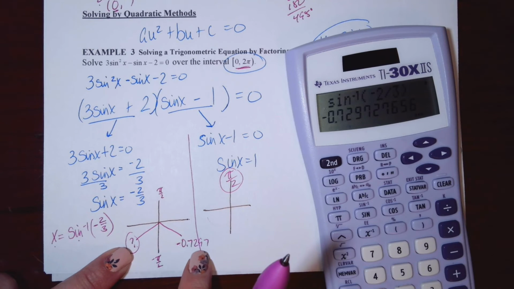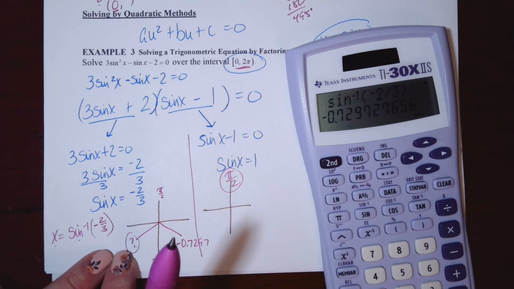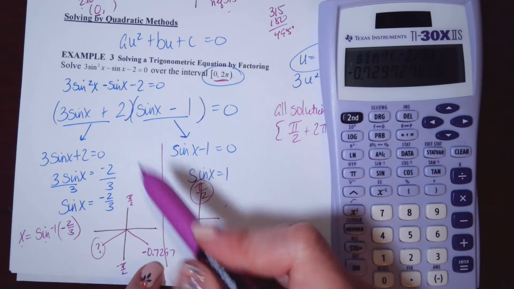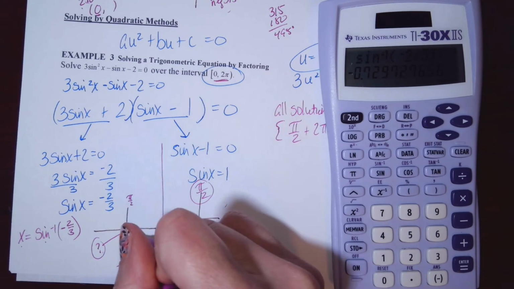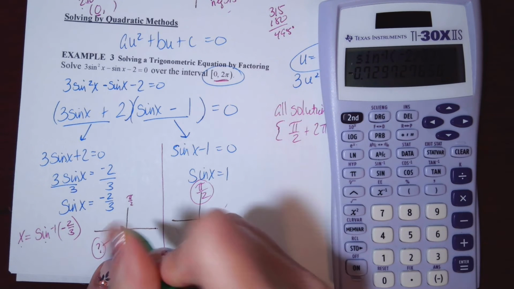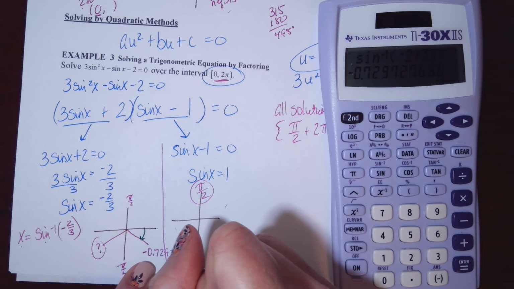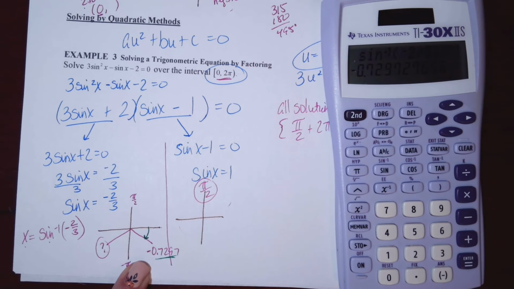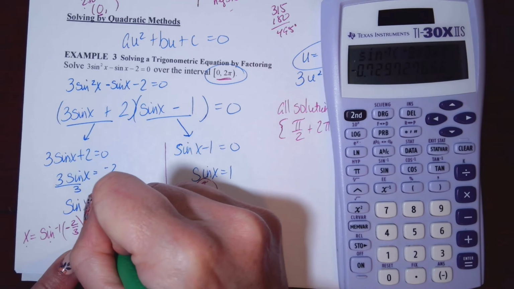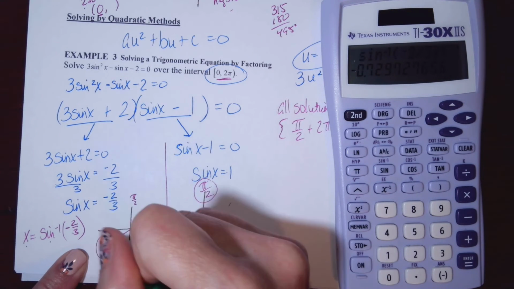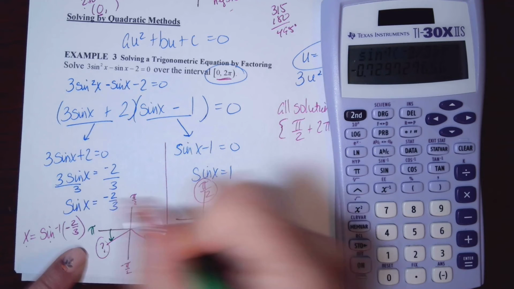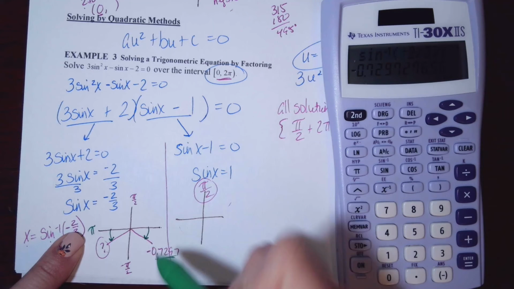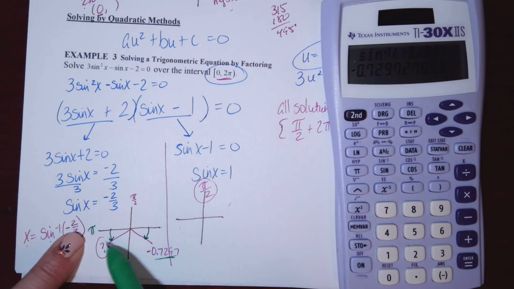Well, how can I use this to figure out this one? This is how many radians I am away from the x-axis. Right there, that's how many radians I am away from the x-axis. So I need to add that on here. This angle is pi radians. I need to go beyond pi this far.